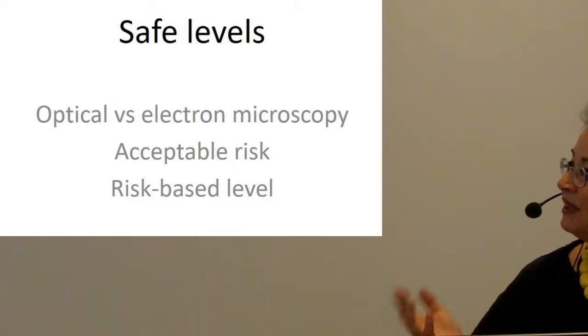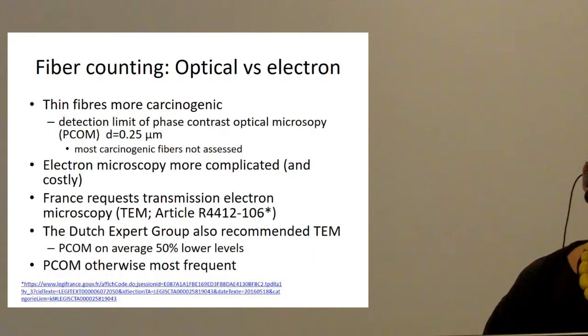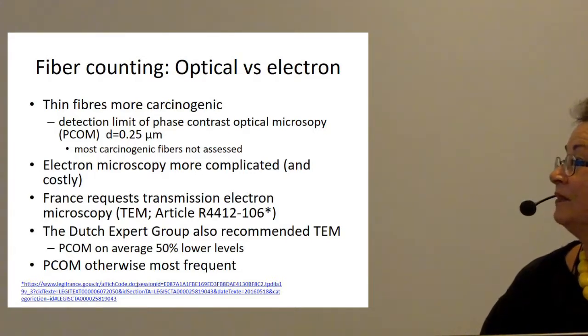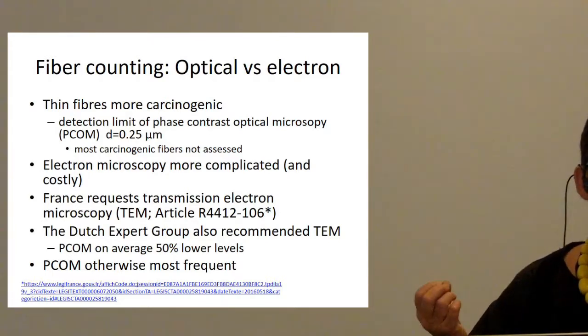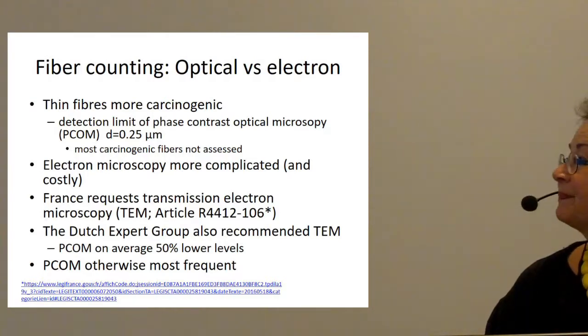The downside of electron microscopy is that it's more complicated and it's more costly. France now requests transmission electron microscopy for assessment of airborne exposure to asbestos. And the Dutch expert group on hygienic limit values also recommends transmission electron microscopy to catch these thin fibers.